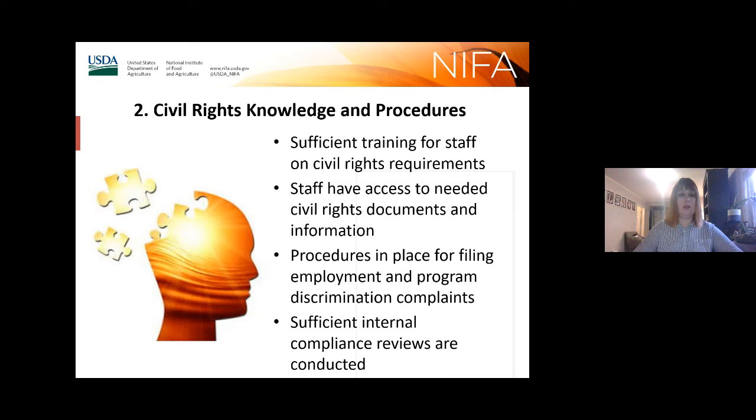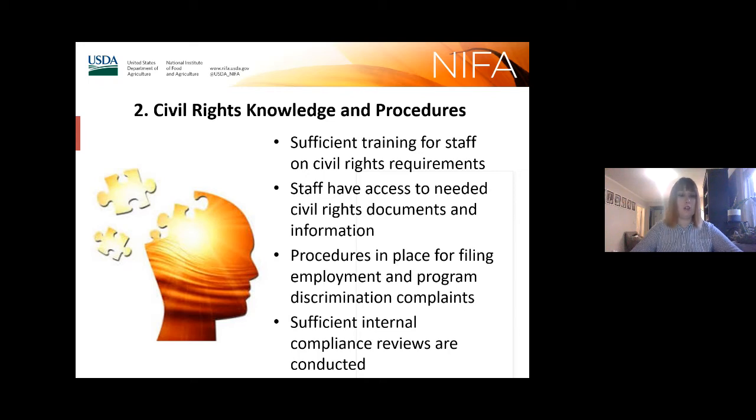So in lieu of that being a separate review, we're looking at it in terms of the extension and research programs and how it affects beneficiaries, participants, and things like that.